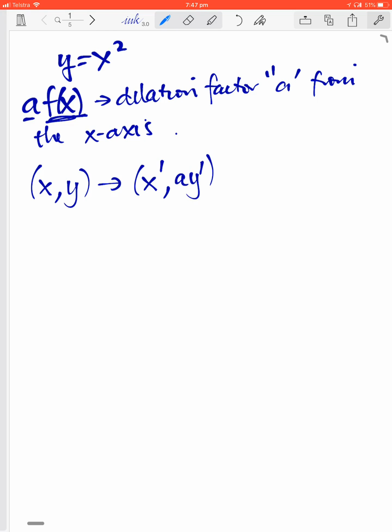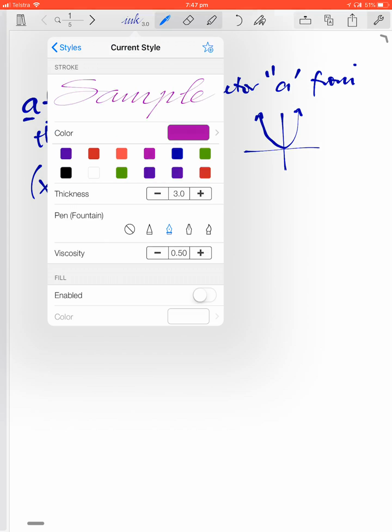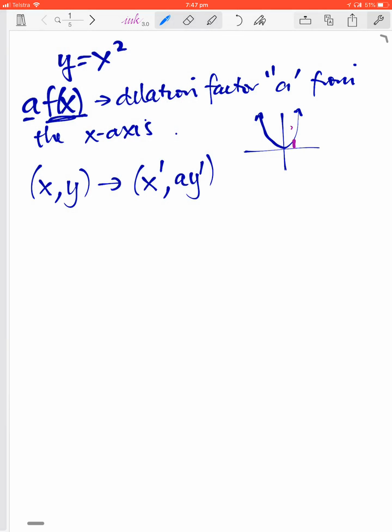If I multiply all the y values by a, they're going to get further away if a is greater than 1, and closer to the axis if a is between 0 and 1.